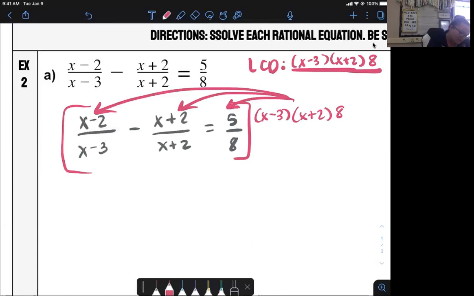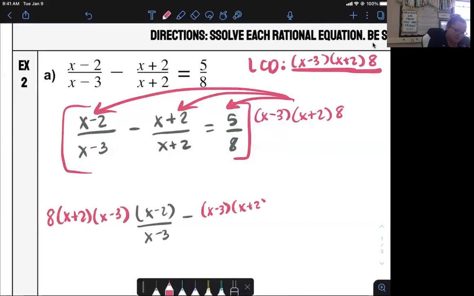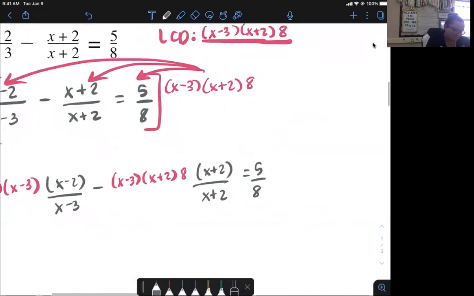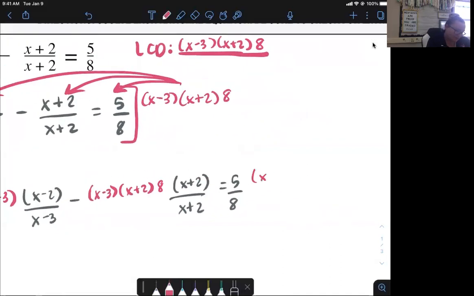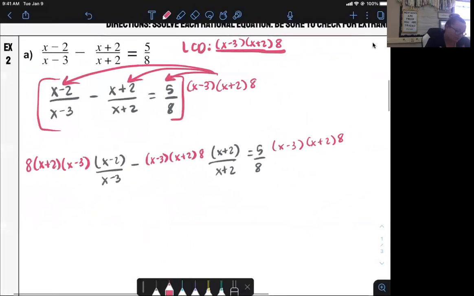And I'm going to end up with 8 times x plus 2 times x minus 3 times x minus 2 over x minus 3, minus x minus 3 times x plus 2 times 8 times x plus 2 over x plus 2, equals 5 over 8 times x minus 3 times x plus 2 times 8. So now we're going to cancel what we can.